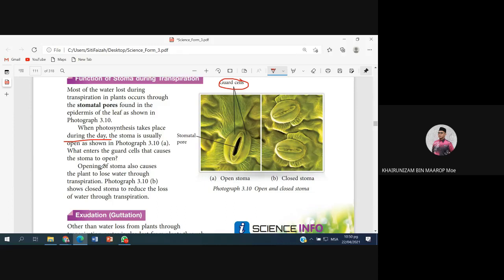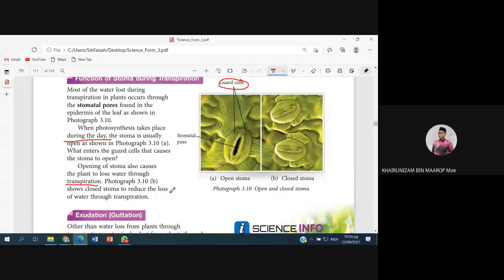Opening of stoma also causes the plants to lose water through transpiration. Remember, transpiration is the process of water loss in the form of water vapor. So, when the stomata close, it can reduce the loss of water.